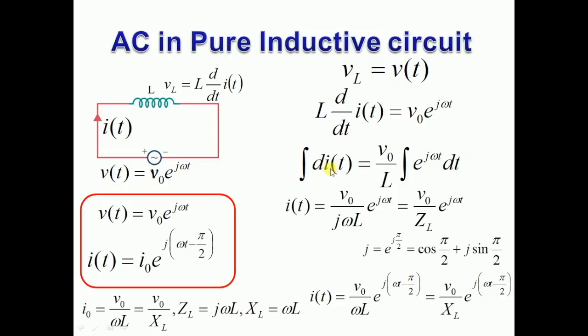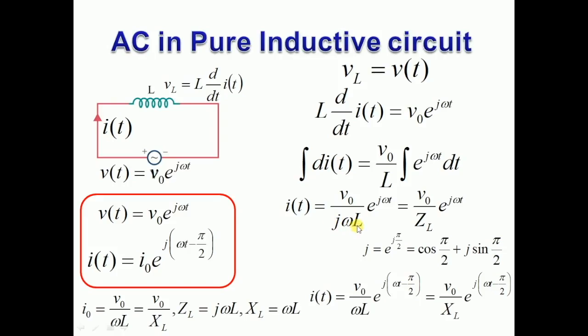Integrating di, I of t will be equal to V0 upon L times the integration of e to the power j omega t, which will be e to the power j omega t divided by j omega. So here the quantity j is appearing in addition to omega L in the denominator. So this quantity can be represented as complex impedance.